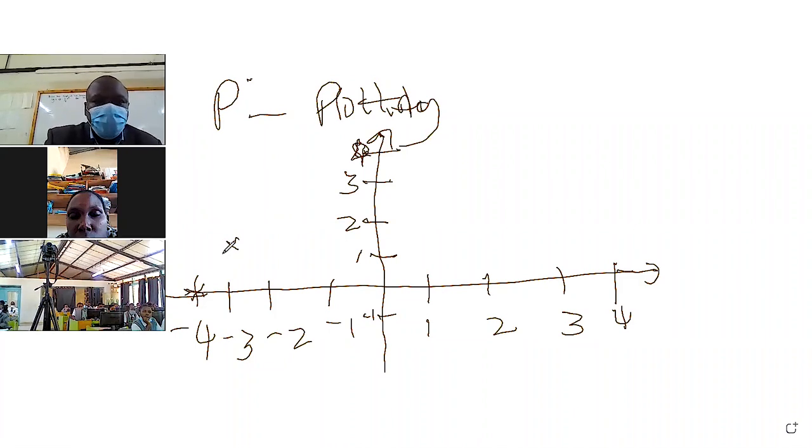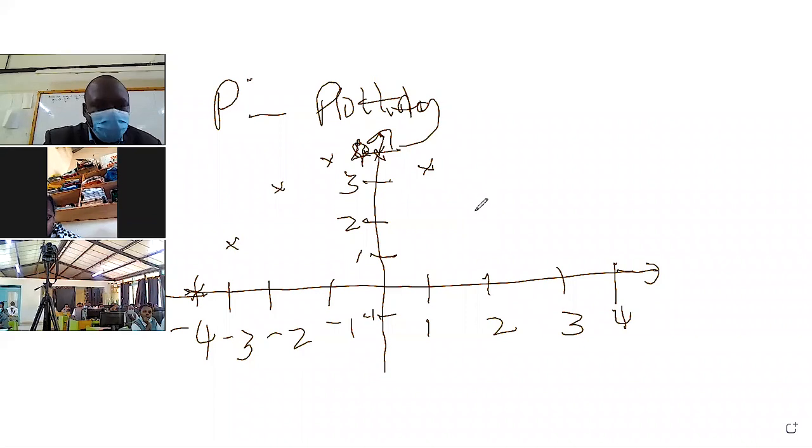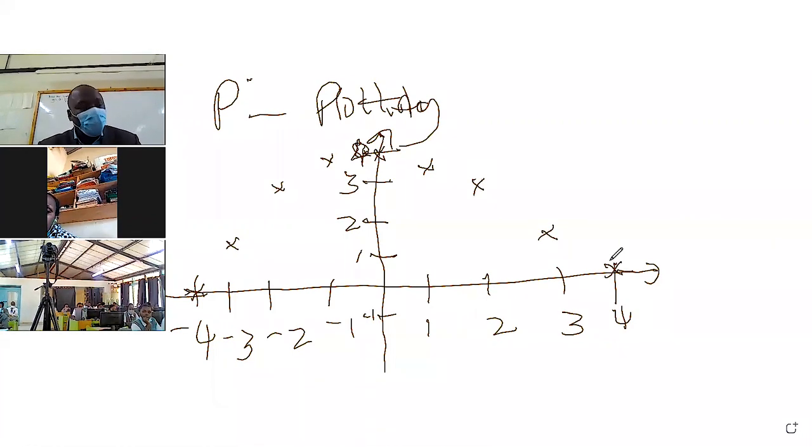Then -2, we have it as 3. -1 is 3.75. Then 0 is 4. And then it goes back again. 1 is 3.75, 2 is 3. Then 3 is positive 1.75. And then 4 is 0. So you'll be able to score for the plotting if you have plotted all the points correct.